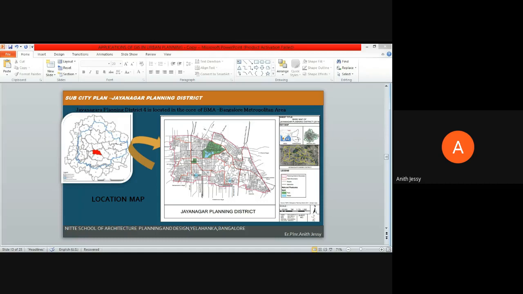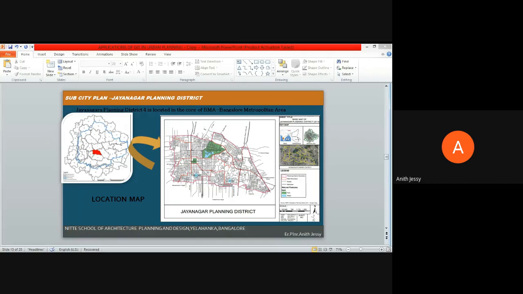So why did we end up choosing Jayanagar Planning District? We did an initial study of understanding sub-centers. Sub-centers are centers which act as secondary nodes of the CBD, which is mainly called the Central Business District, and which have the capability of functioning on their own in terms of employment and other sectors.